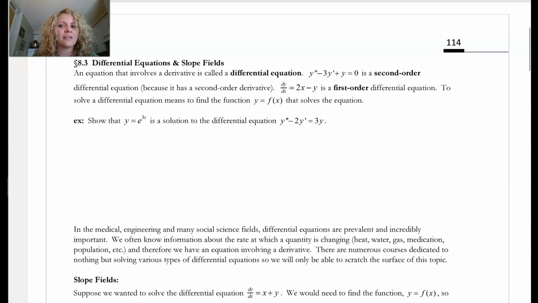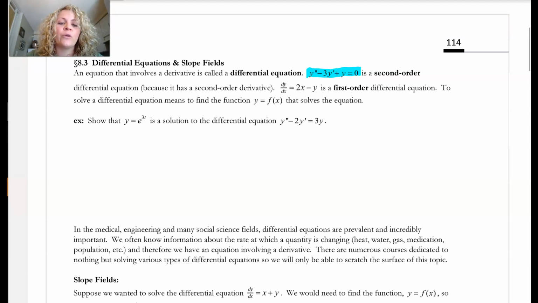If we get started on page 114 in our spiral, there's a couple of examples in the text of differential equations. Look at this first one together, y double prime minus 3y prime plus y equals 0. We know it's an equation because it has an equal sign. It's a differential equation because it involves derivatives, y prime and the second derivative of y.